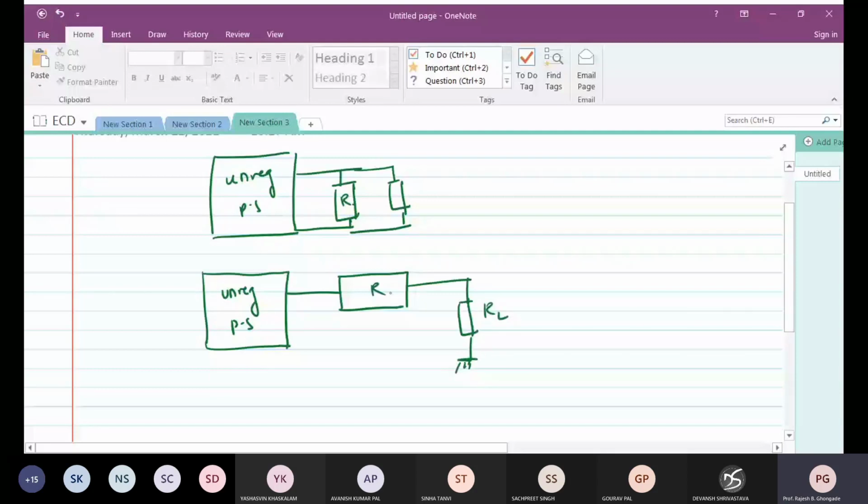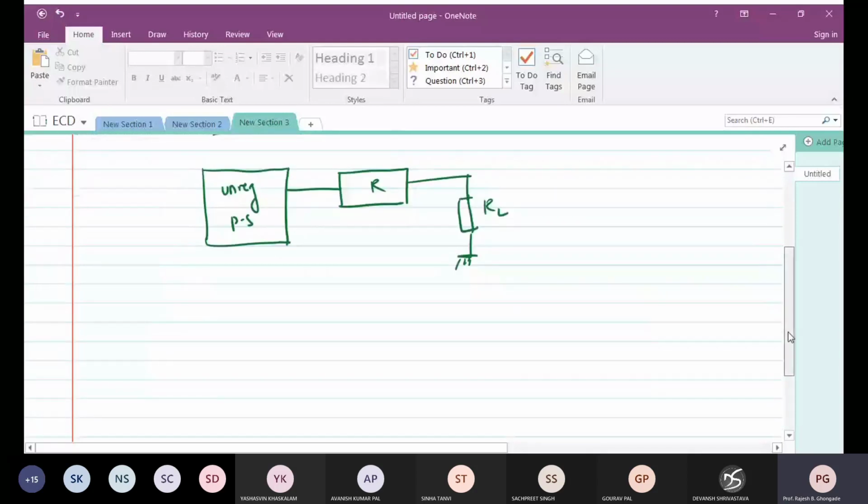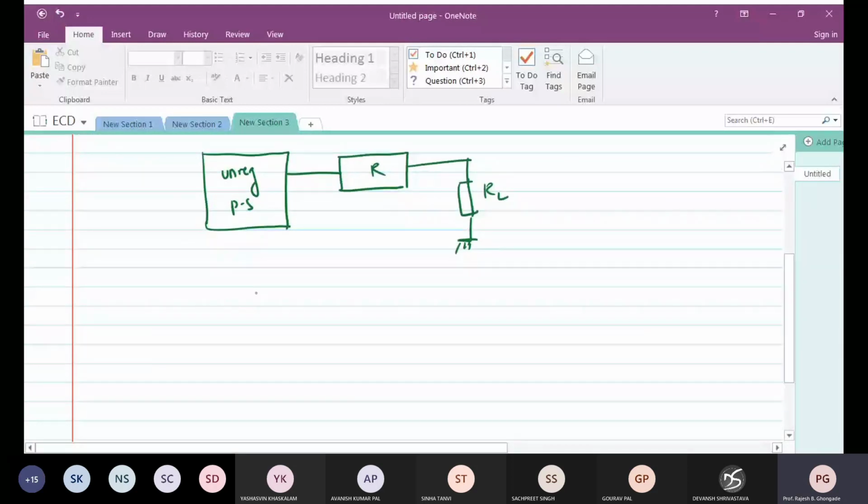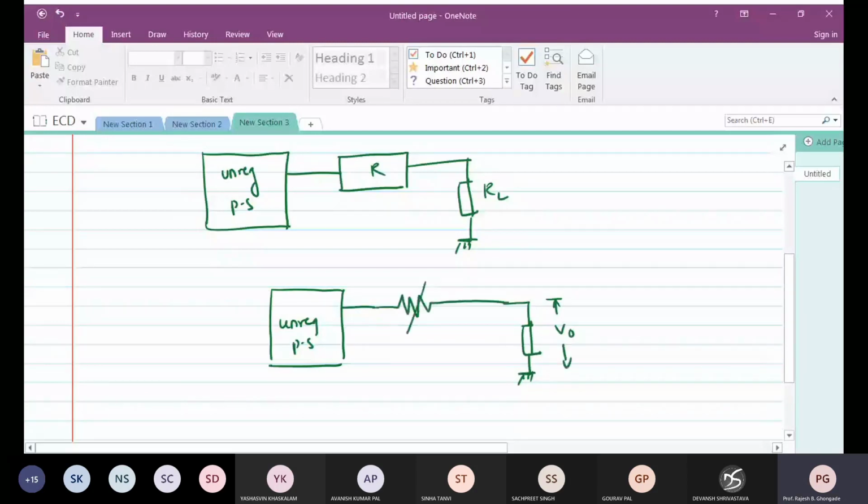Now, a very simple thing that may come to your mind is, if you have an unregulated power supply like this, and you want to have control over this output voltage, I can simply have a resistor here, and that resistor I can vary.